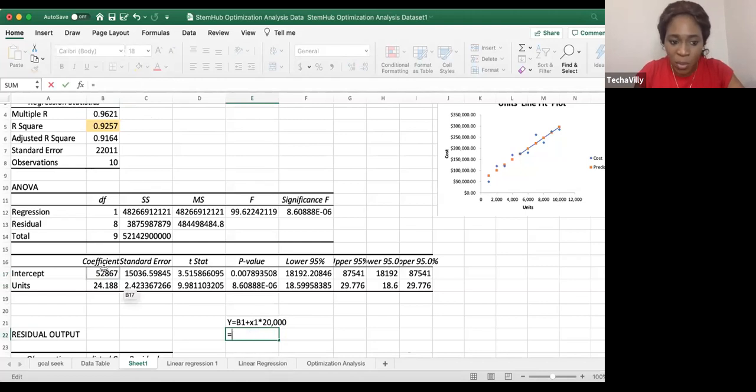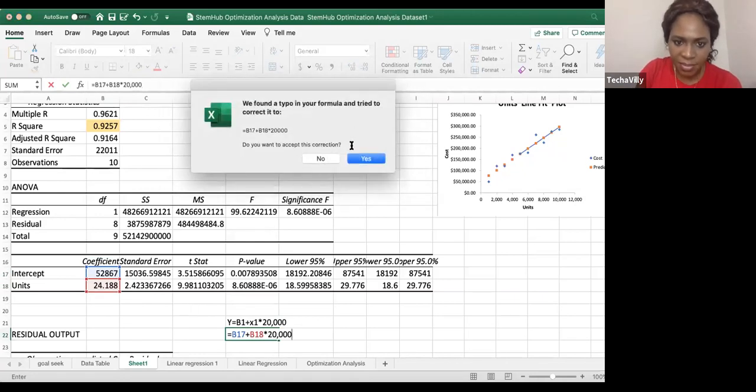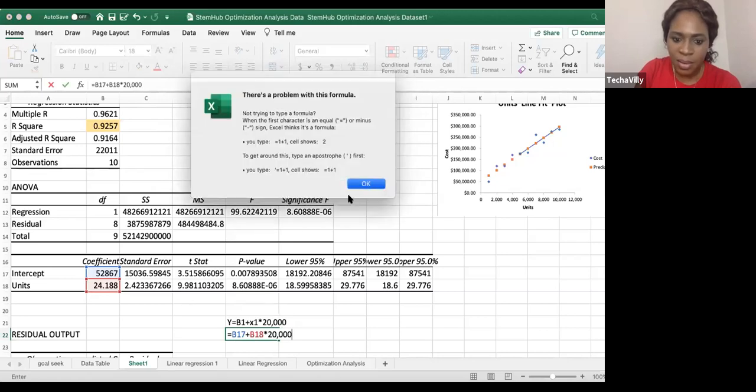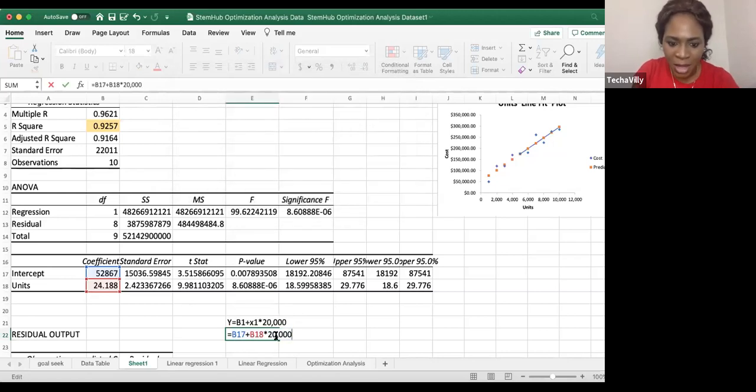So it's equal to B1 plus X1 times 20,000. I'm going to hit the enter key. Okay, I get it.